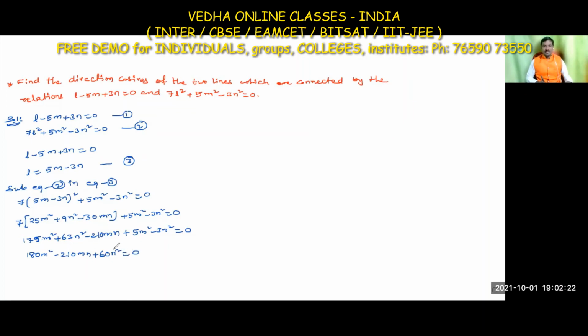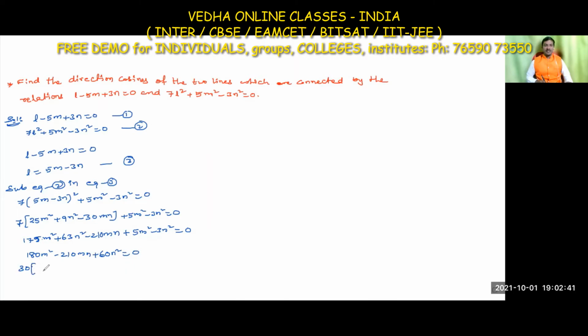In all these, is anything possible to take common? Check once. In all the terms, 10 is common, and the remaining are 18, 21, 6. Can we take 3 common? Yes, so 30 is common.